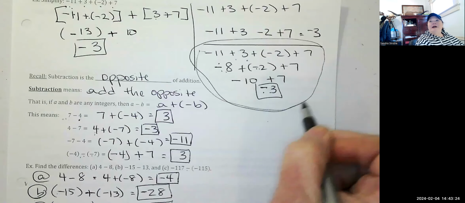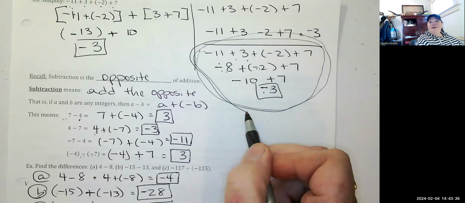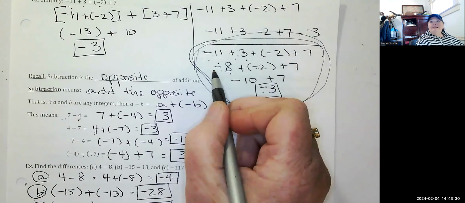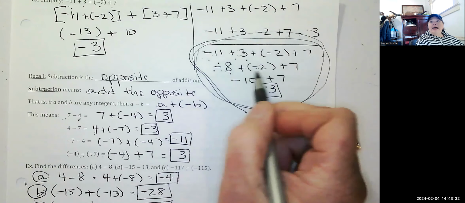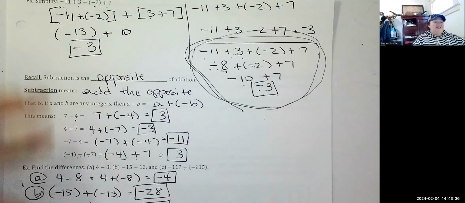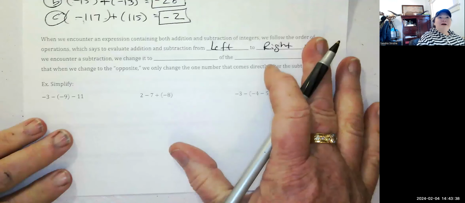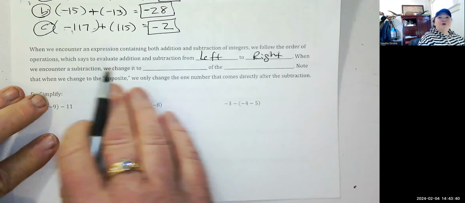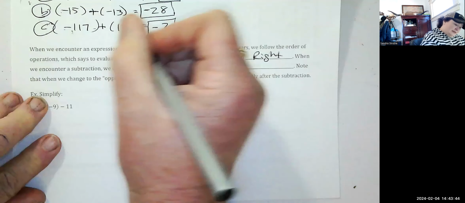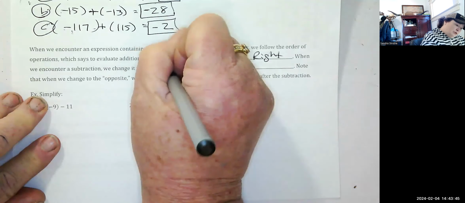That's exactly what I was doing with following the order of operations from left to right. So I did my subtracting, keep the sign, and then I had to add, keep the sign, and then I had to subtract and keep the sign. You had to just keep going from left to right. When we encounter a subtraction, we change it to addition of the opposite. That's what we've been doing this whole time for these, of the opposite.